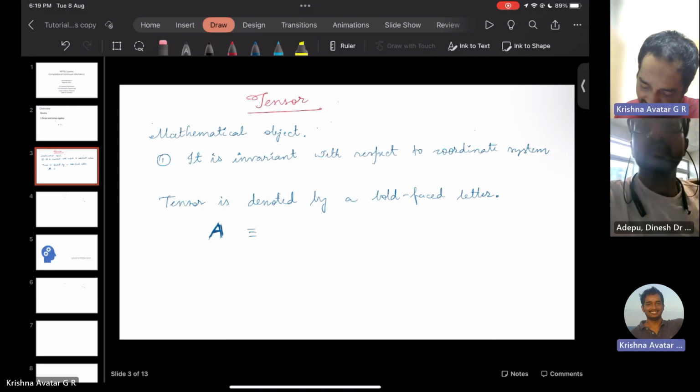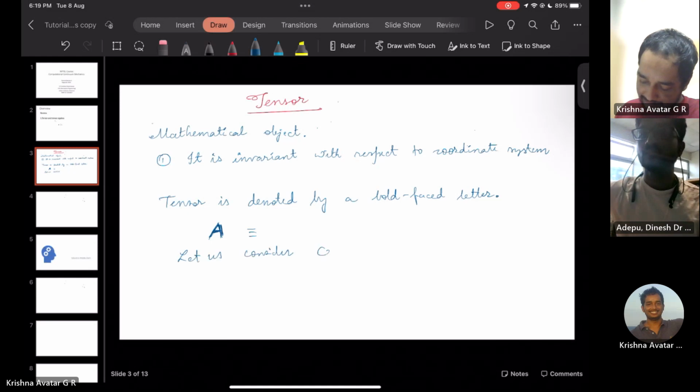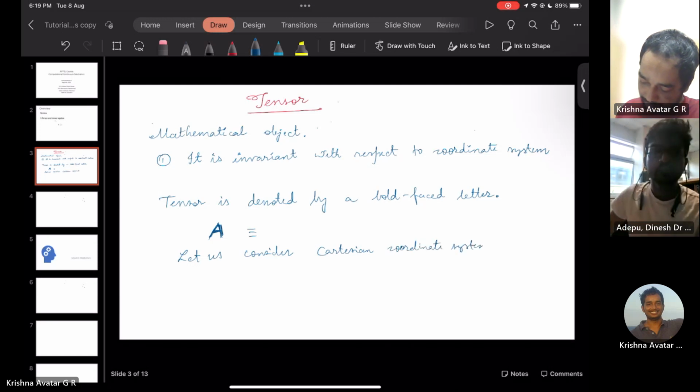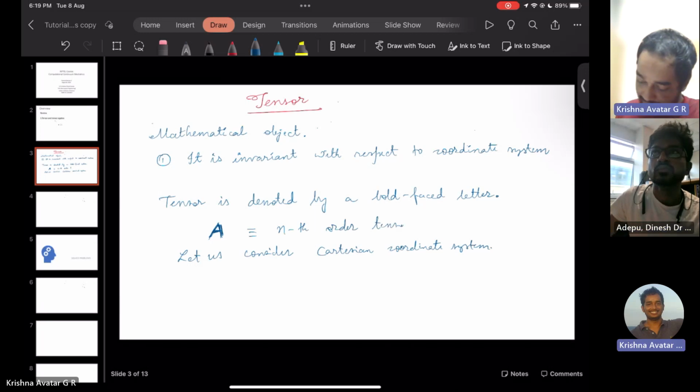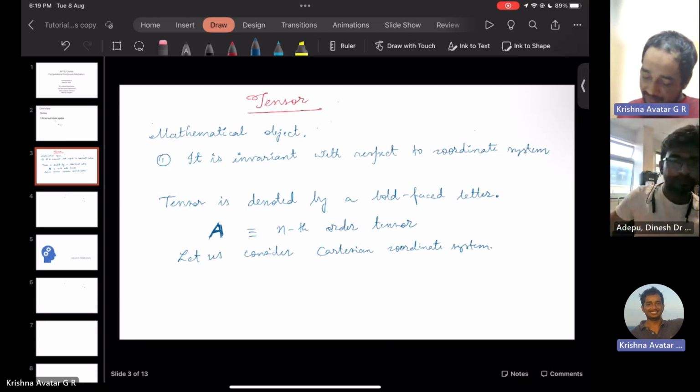Say we take a Cartesian notation. Let's just consider, for our explanation purposes, a Cartesian coordinate system. So in that case, we can represent any general tensor. Let A be any nth order tensor, or sometimes we can just call it an nth rank tensor.